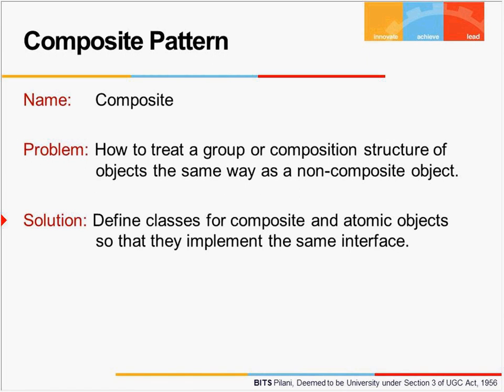So the idea is that the composite and atomic objects implement the same interface, right? Again, here we find that the idea is both the composite objects and the atomic objects implement the same interface. Once able to implement the same interface, the client will be able to access the atomic object and the composite object using the same interface, right?